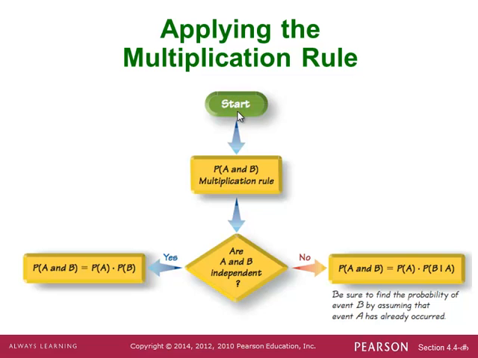So you want to calculate the probability of A and B happening. Well, are A and B independent? If they are, just simply calculate the product of their individual probabilities. If A and B are not independent, then condition B on A and calculate the probability of A times the probability of B conditioned on A. Okay?